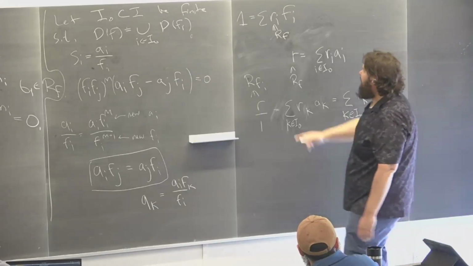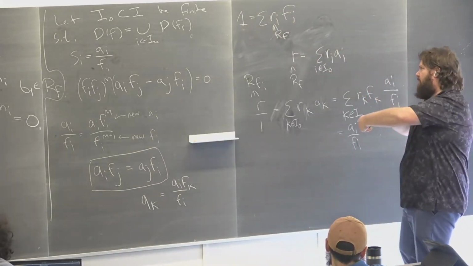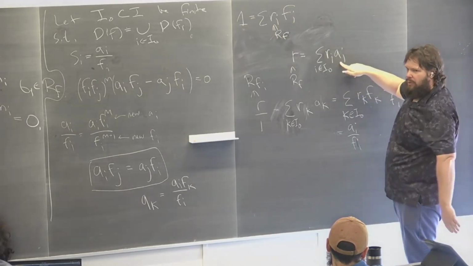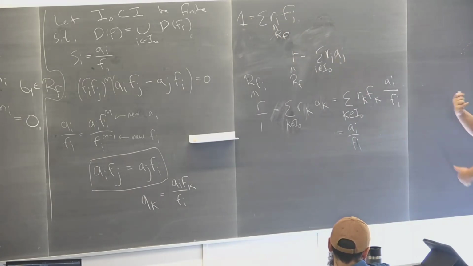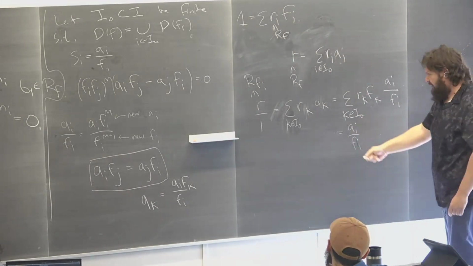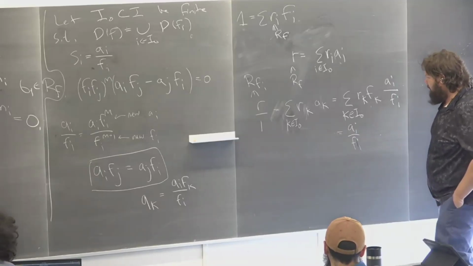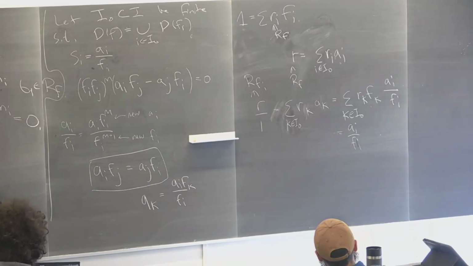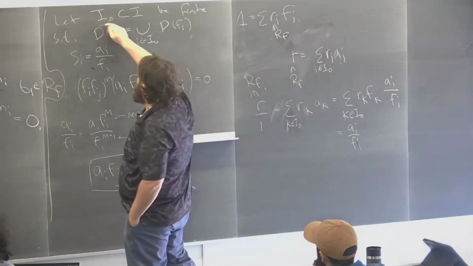So I use the fact that I could get this equality for 1 to allow myself to remove the denominators one by one. The fact that I have this Fi here lets me cancel the denominators out of these guys and get my guy to glue together. Now you'll note here, I only did this for this finite subset I0.